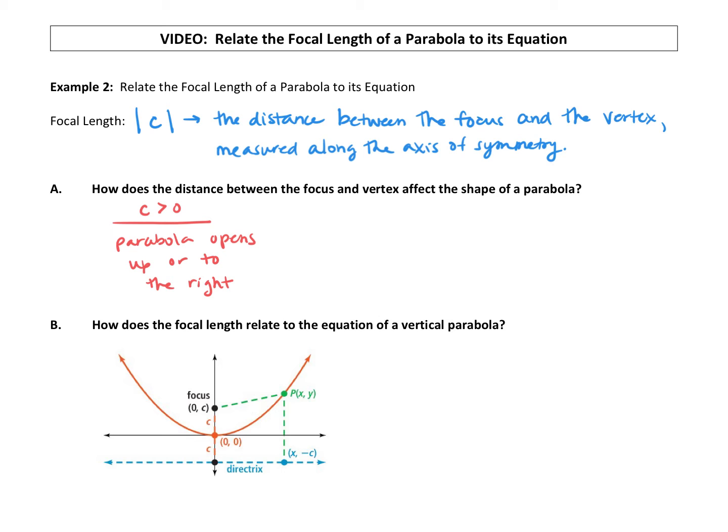So a positive c value tells you that your parabola opens up or to the right. If your c value is less than 0, so a negative c value, your parabola opens down or to the left.